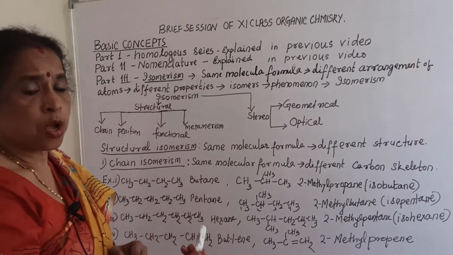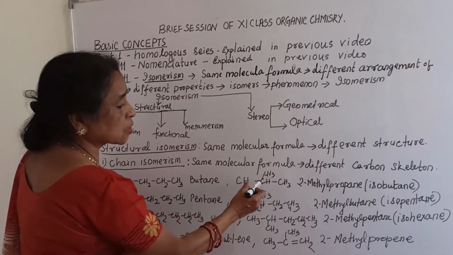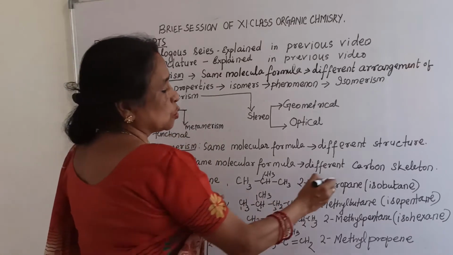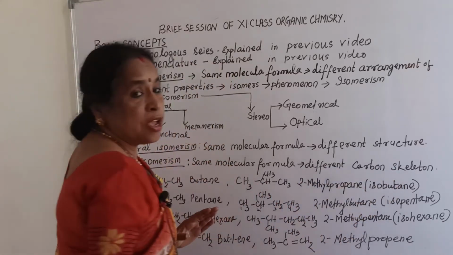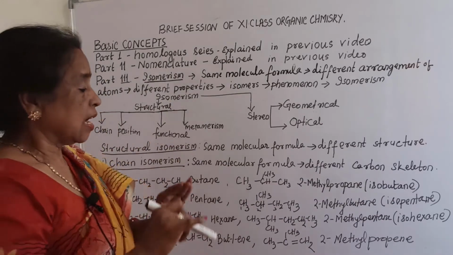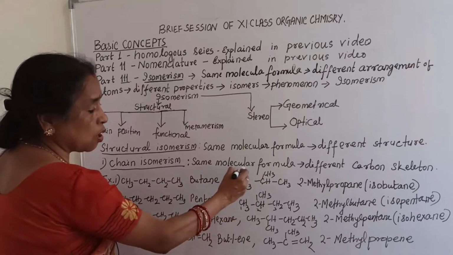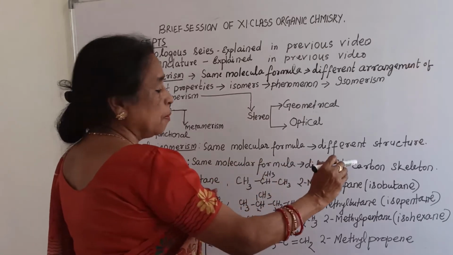What is its common name? There are a total of 4 carbon atoms, so it is known as isobutane. When the word iso is added, you count the total number of carbon atoms. Here 4 carbon atoms, so it is isobutane.